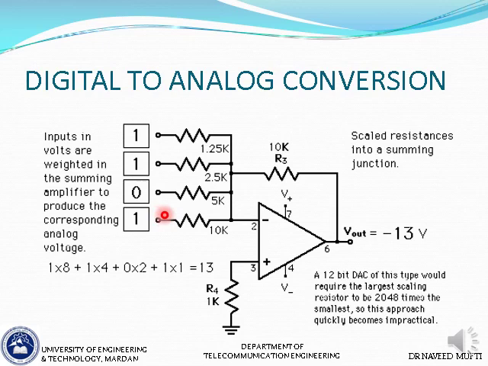And you know the equation for the inverting summing amplifier. I'll just try to repeat it. V out is basically minus RF times brackets V1 over R1 plus V2 over R2 plus so on.